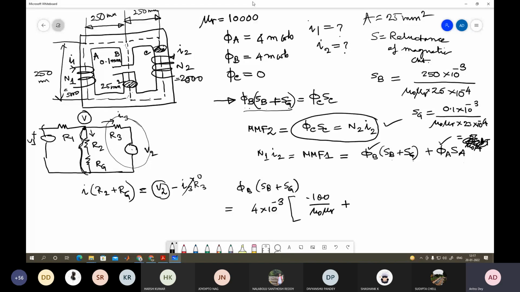So what we can do, we can multiply mu r above and below, or we can put it as 0.1 to the power minus 3. So it is mu r, that means it is 10 to the power 5, divided by, sorry, 10 to the power 4 divided by 25 into mu 0 mu r.